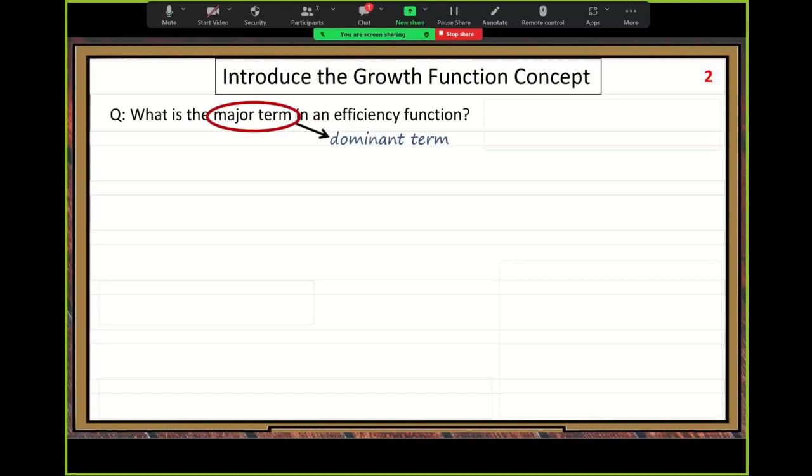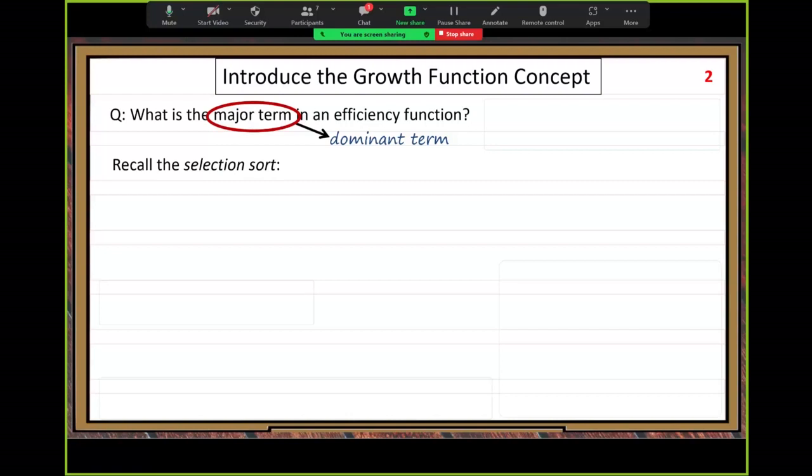The major term means the dominant term. Dominant term, major. Other terms, minor terms. Let me use a concrete example here to explain this major term or dominant term concept.